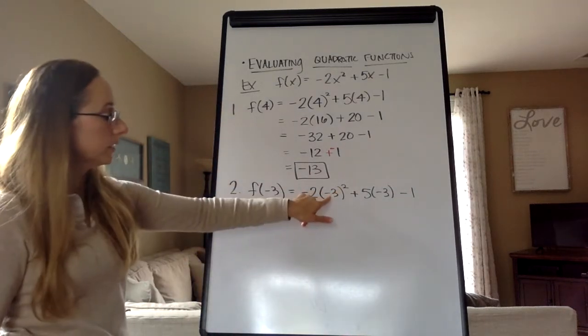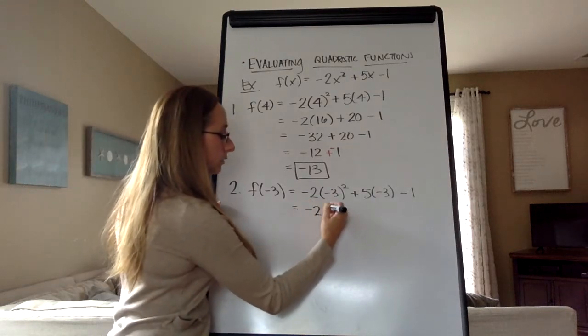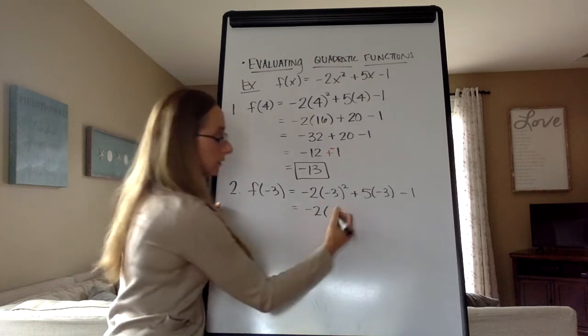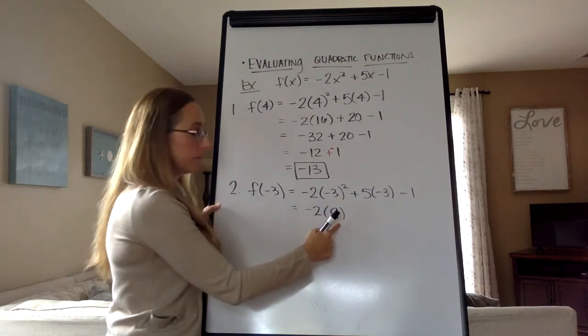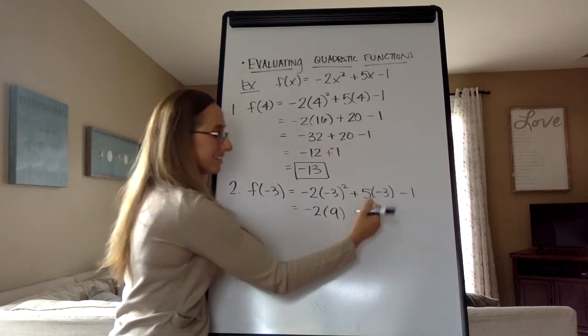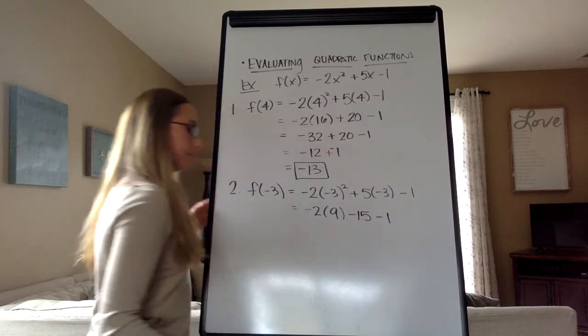Again, the squaring only applies to the negative 3. So we have negative 2. Negative 3 times negative 3 is positive 9. So negative 2 times positive 9. And then we have 5 times negative 3 is negative 15, so minus 15 minus 1.